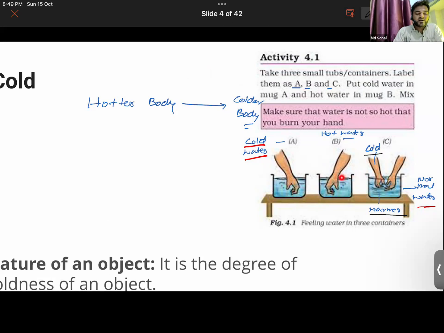Then just the opposite happened with the other hand. You had dipped the other hand in the hot water, and when you dip it in the normal water, what happened? Will we feel warmer or colder? Our hand was warmer earlier, but in comparison to our hand, the water was colder.